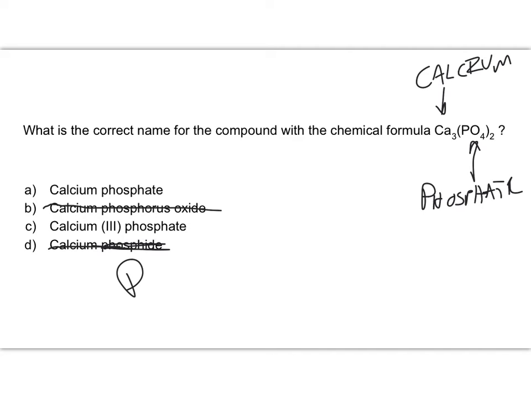So now I have to choose between A and C, and the difference between A and C is that Roman numeral in the middle. Calcium is in group 2, and it always forms a +2 ion. And for elements that always form a single oxidation state or a single charge, we don't need a Roman numeral. Okay, so we can cross that out. The last choice here is A.